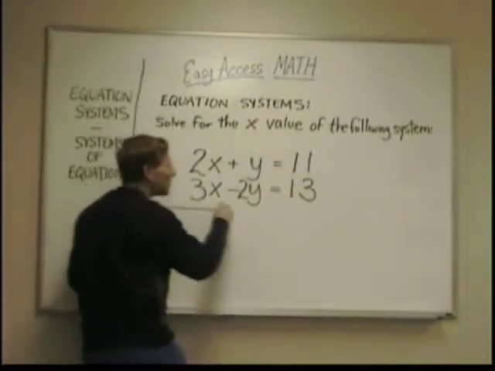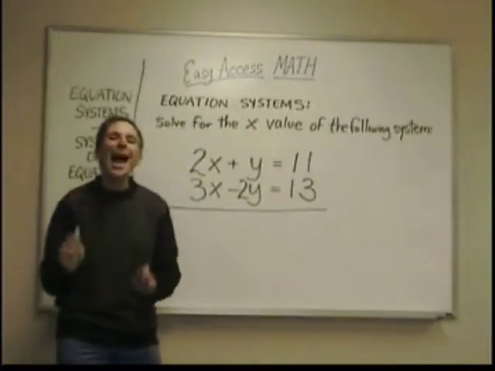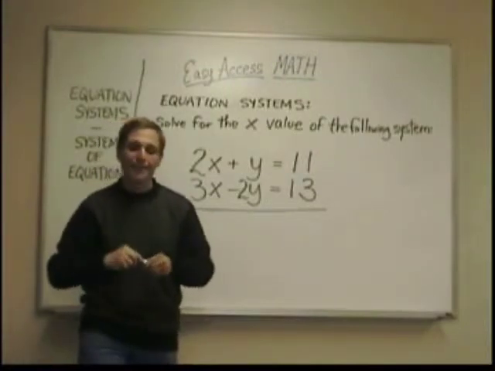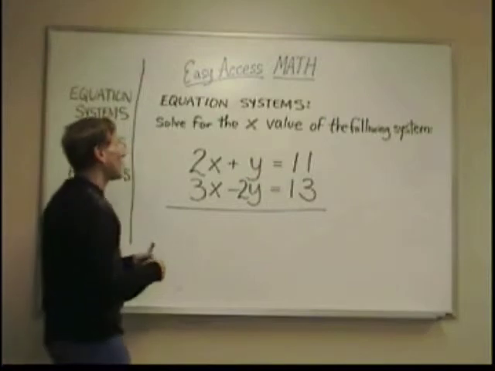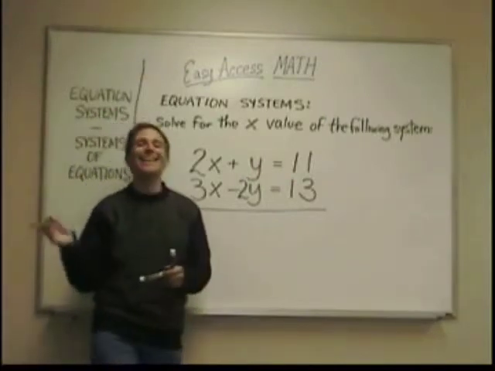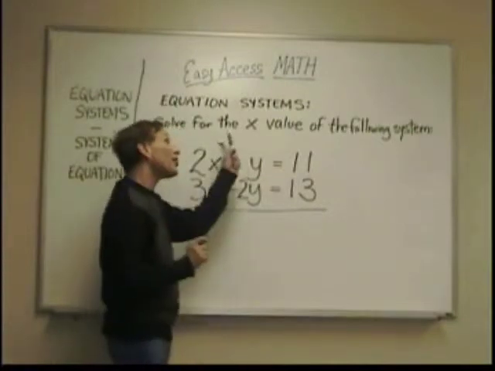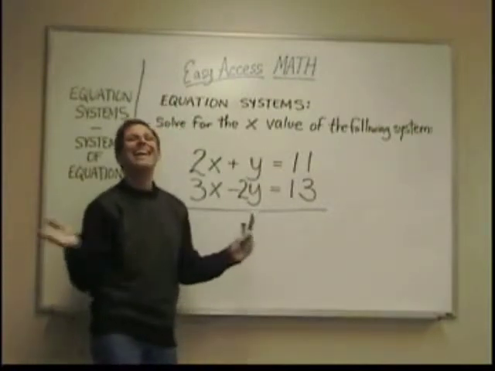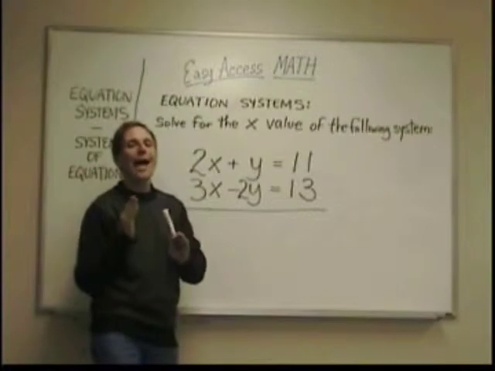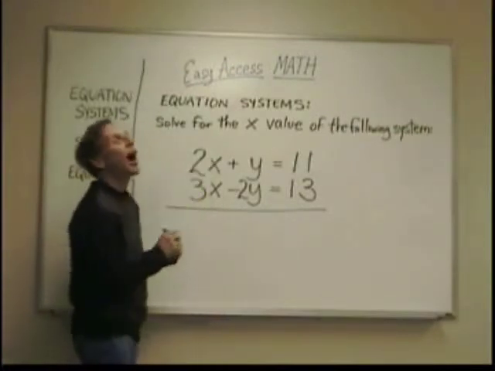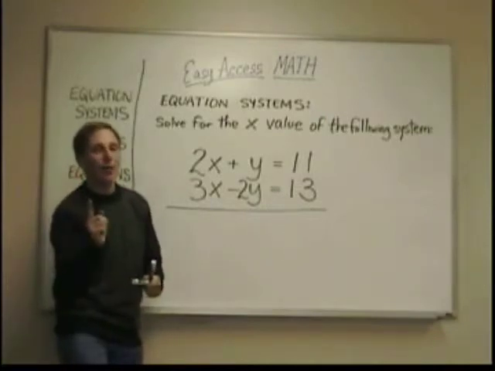But it's not that simple. You have to set up something first. So I want to show you that. Before you start, you have to make sure that the letter that you are not looking for, the one that you're not being asked for, cancels each other out, meaning you would have a positive and a negative of the same value.